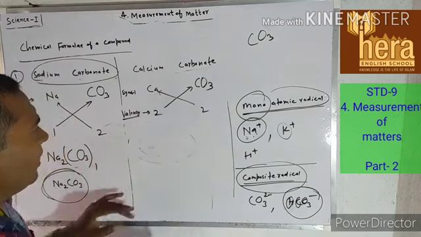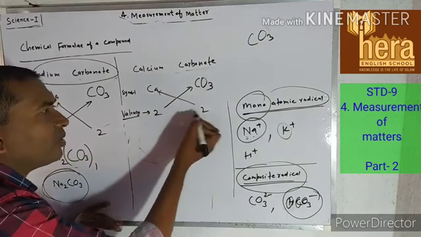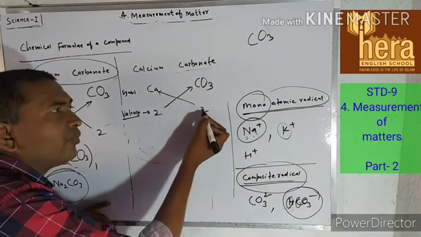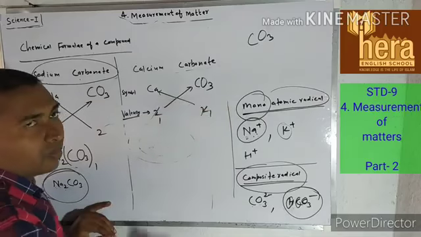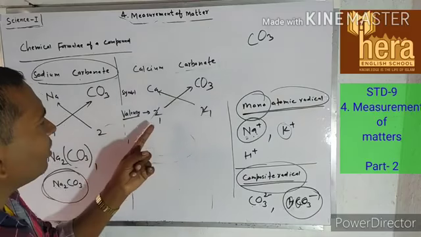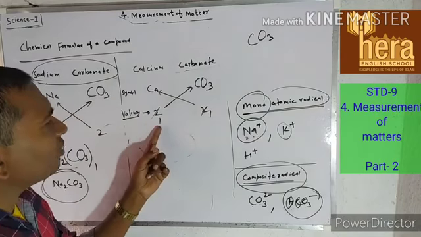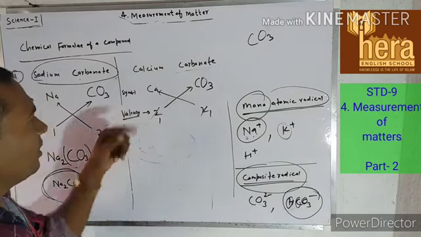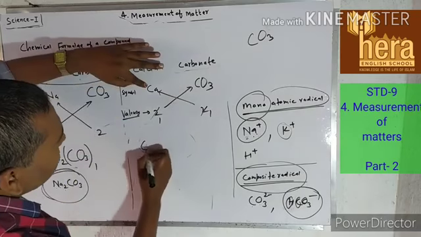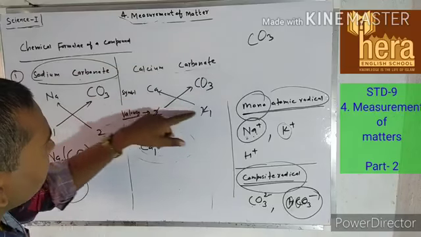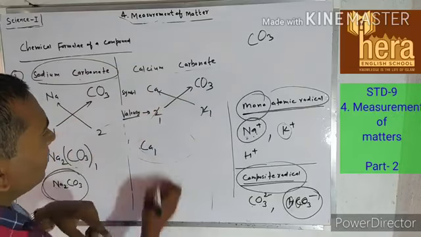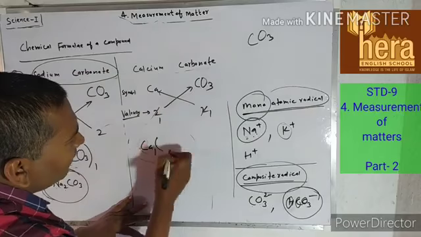Since 2 comes in the table of 2, you can cancel here. Don't think it is 2, because you have cancelled out. So it will be Ca1. More than 1 atom is there, so we put a bracket.